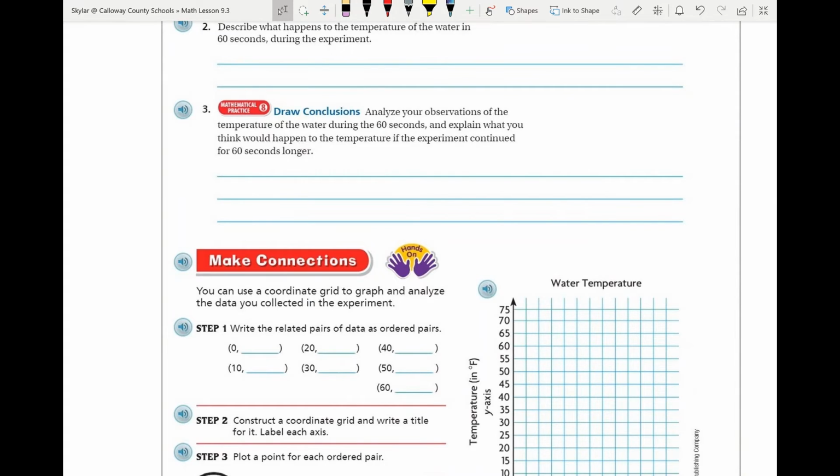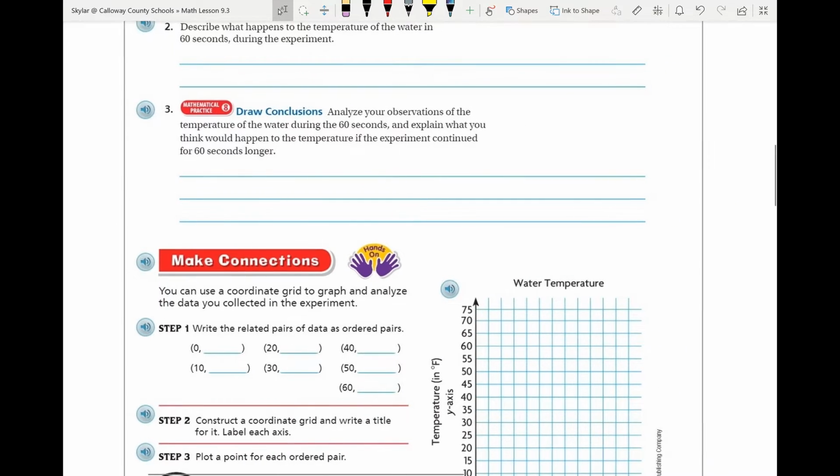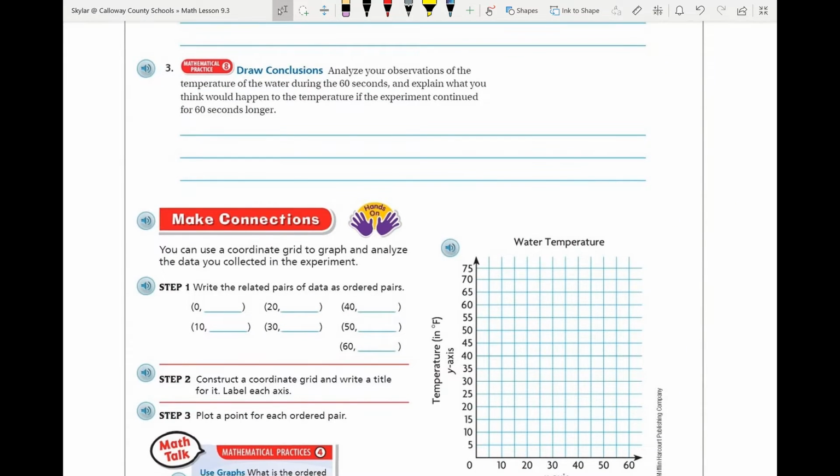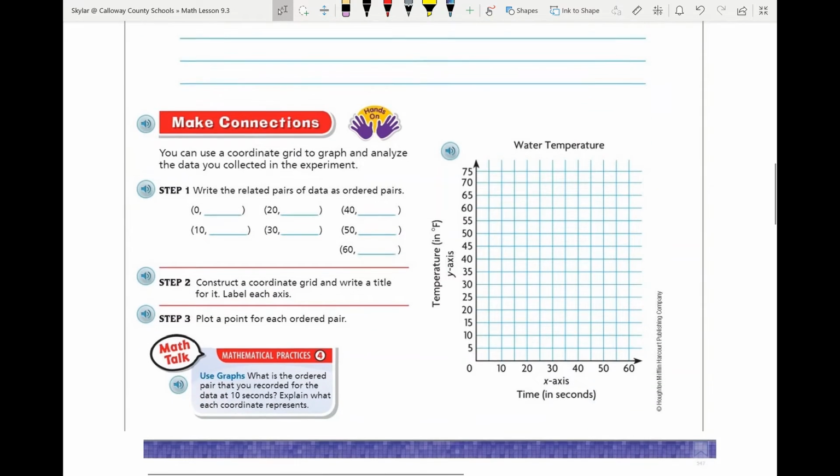And analyze your observations of the temperature of water. Explain what you think would happen if it continued for another 60 seconds. Well, eventually, it would just stop getting colder, either because the ice would fully melt or the temperature would just get as close to the freezing point as it could, but the water wouldn't freeze, so it would just kind of stay there.